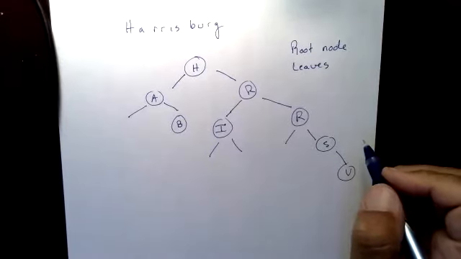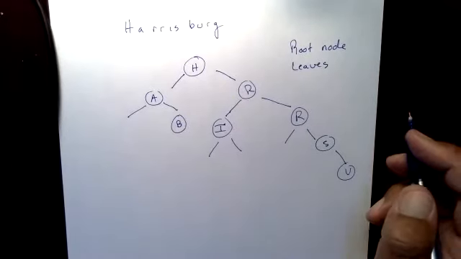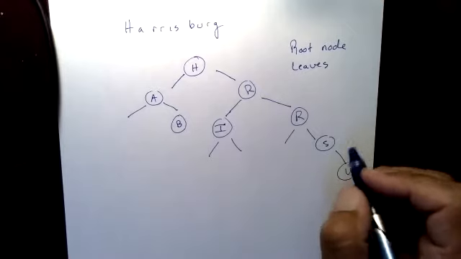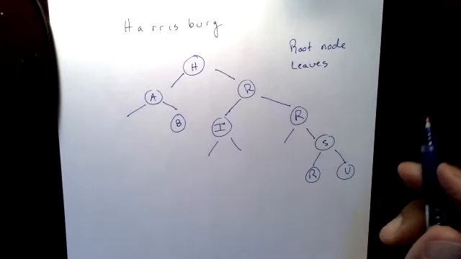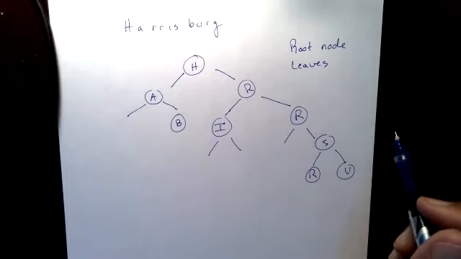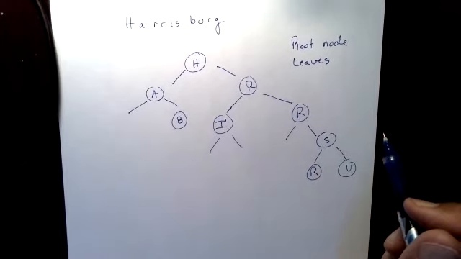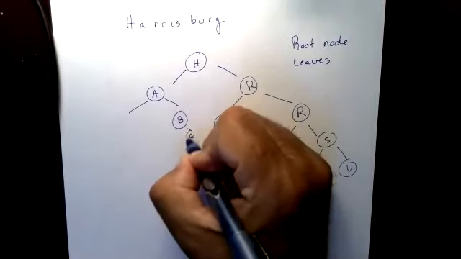Right of S. Another R. Would that be to the left of the S? Finally, a G. Right of B. So I have G in there.